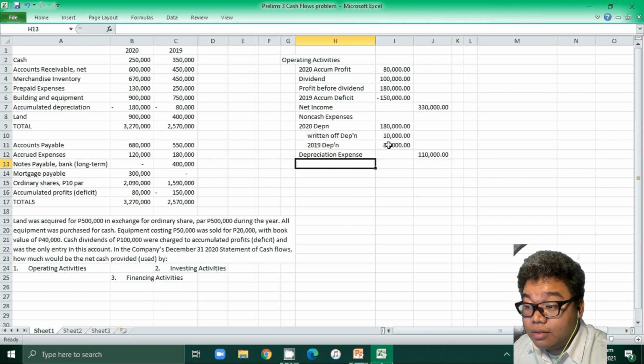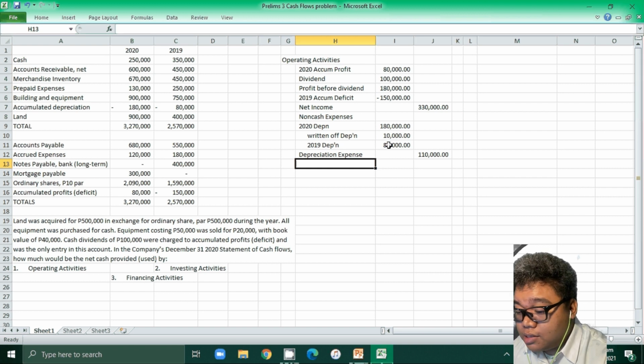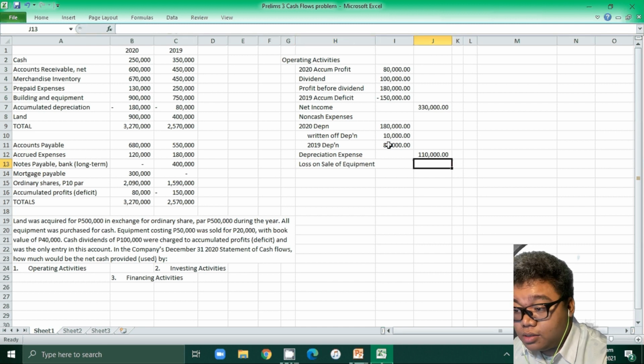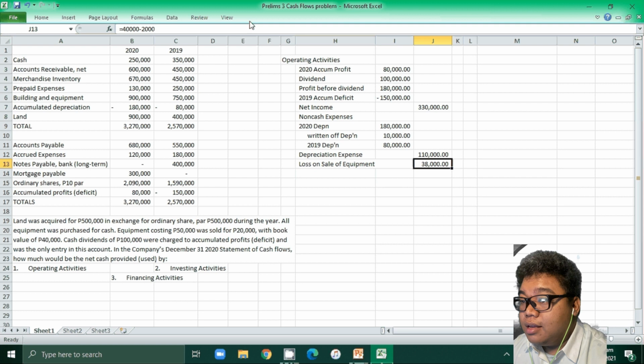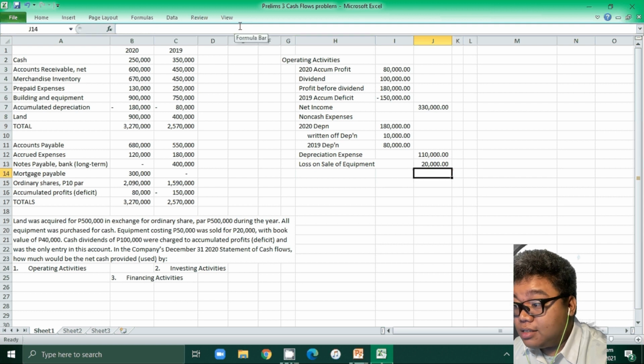And we also have the loss on sale of the equipment because it was sold at 20,000, but it has a book value of 40,000. So 40,000 minus 20,000, that is 20,000.